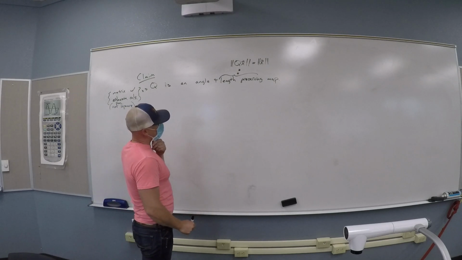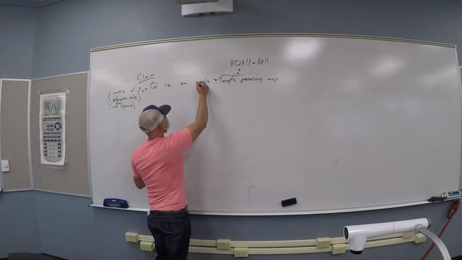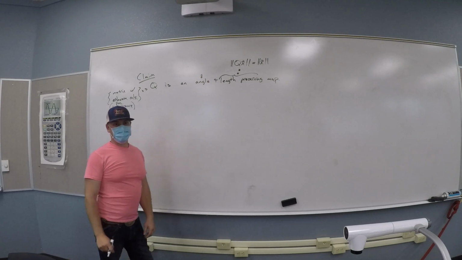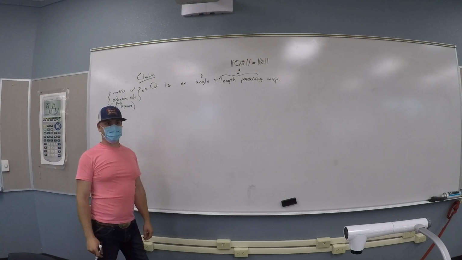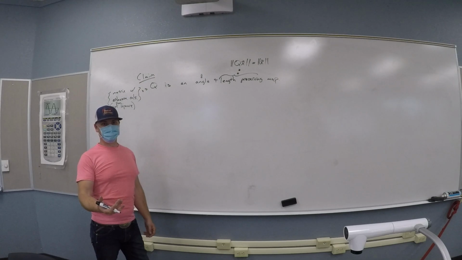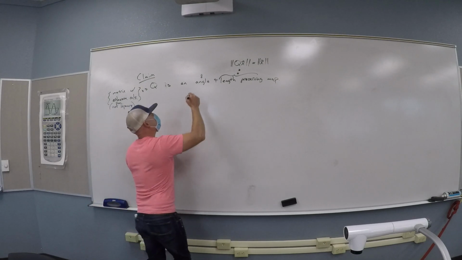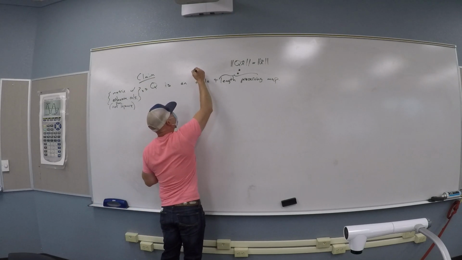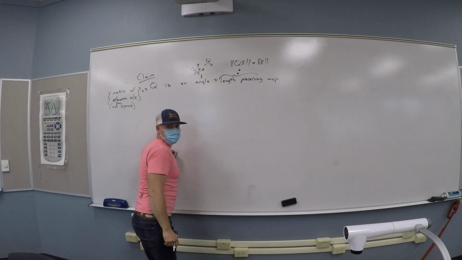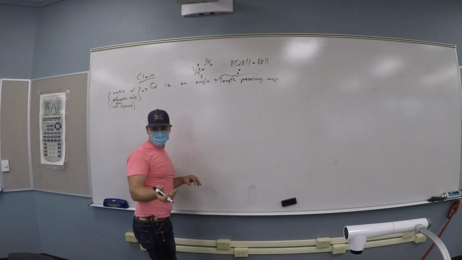What does it mean to be angle preserving? So if I have a picture like this, right, where the angle's theta and I've got a vector x and a vector y, when I do Q to that, I'm going to get two other vectors, right, somewhere else.